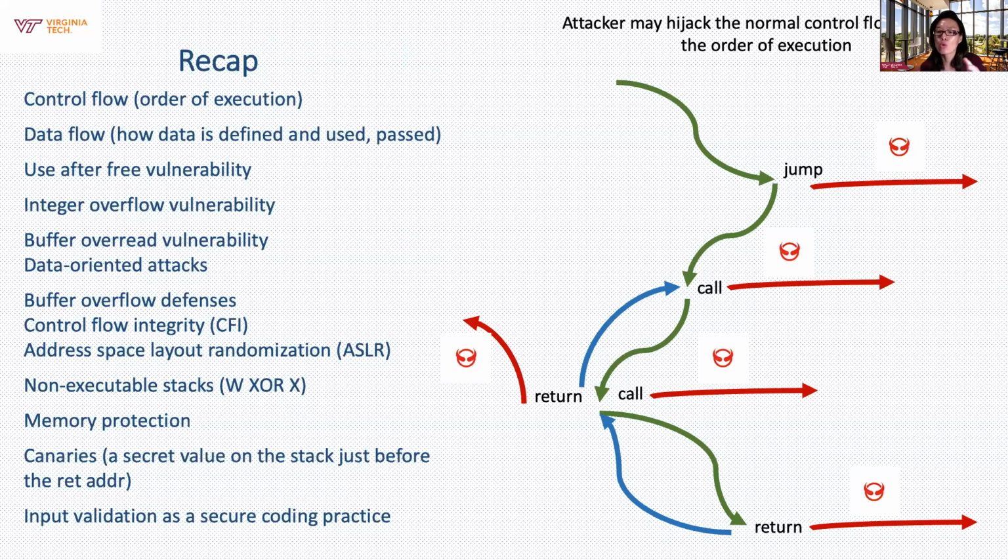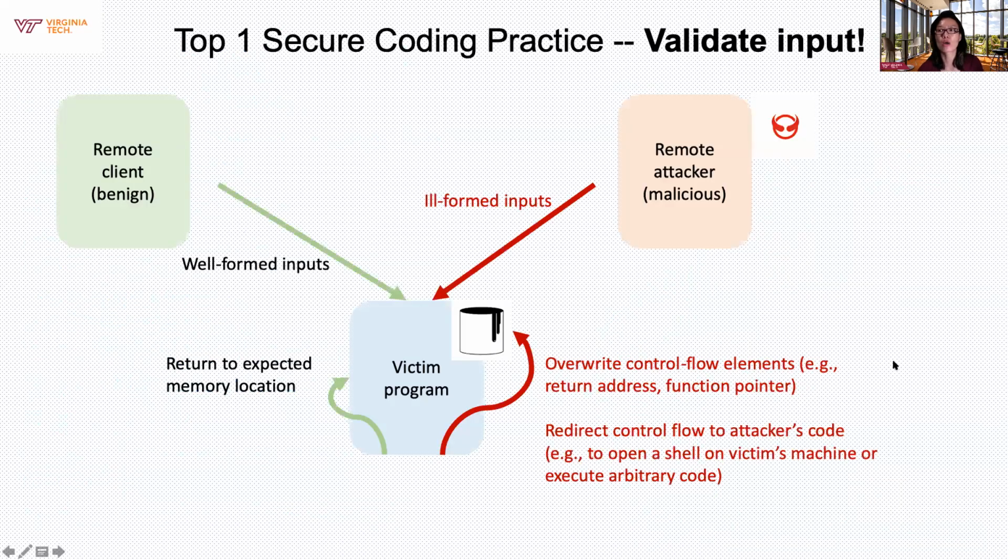The typical way to hijack it is when there's a control transfer: jump, call, return. And we also talked about the protections: non-executable stack, randomization at different granularity, canary word, and so on.